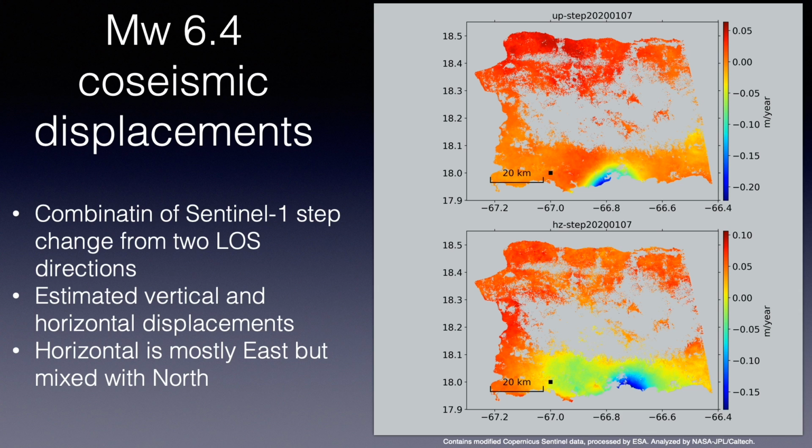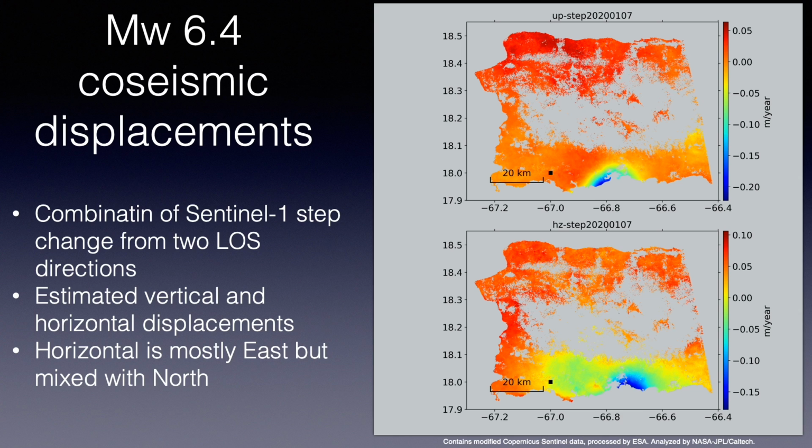Here are the step function estimates for the January 7th earthquake converted from the ascending and descending track. I've taken those ascending and descending line of sight directions and combined them to make estimates of the vertical component of deformation on this top panel and the horizontal component of deformation on the bottom panel.